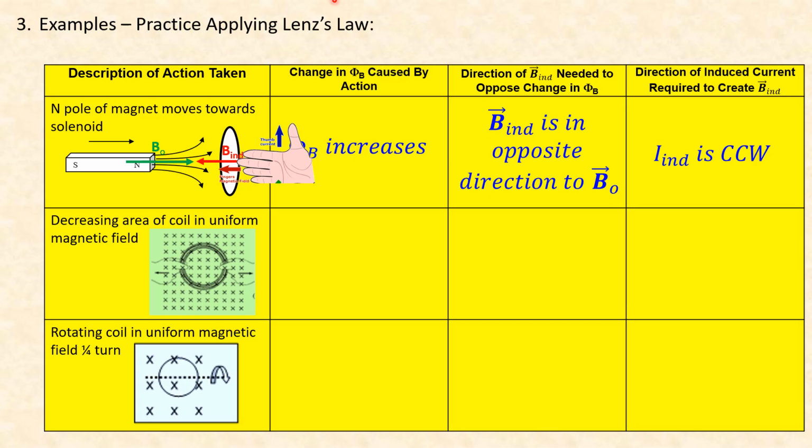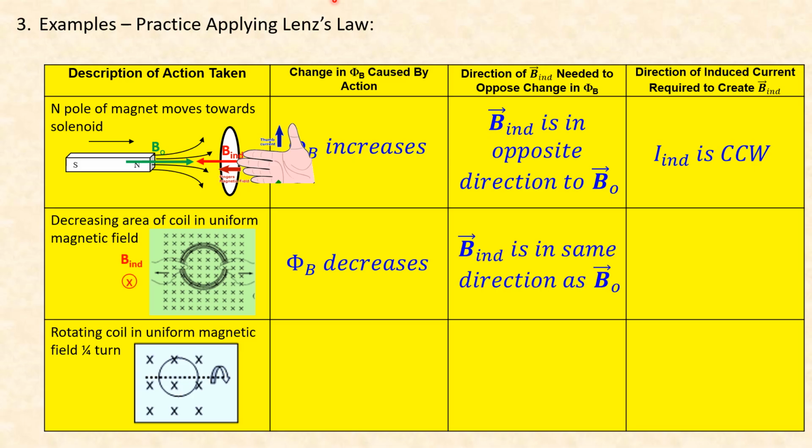When the surface area decreases, the amount of field penetrating that coil will decrease. That's going to cause a decrease in magnetic flux. So according to Lenz's law, the system will respond by trying to counteract that change. That means that the direction of the induced field will be in the same direction as the original field, in order to counteract the change in magnetic flux.